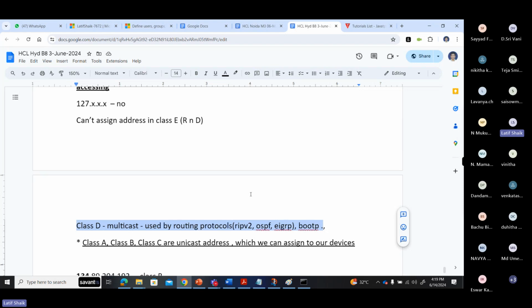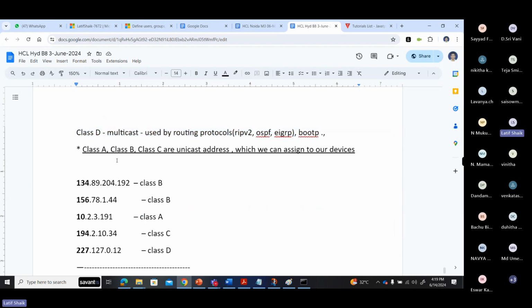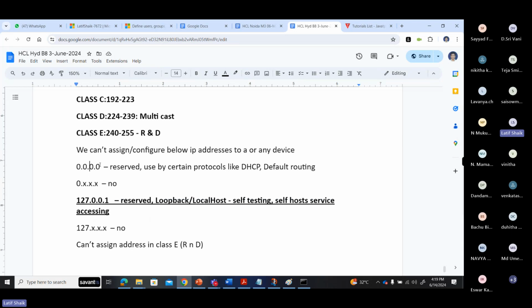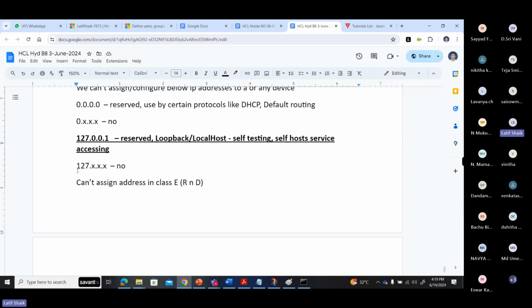What can we assign? Class A, class B, and class C are unicast addresses which we can assign to our devices, except the entire 0 series and the entire 127 series.